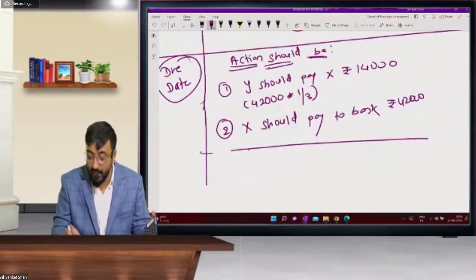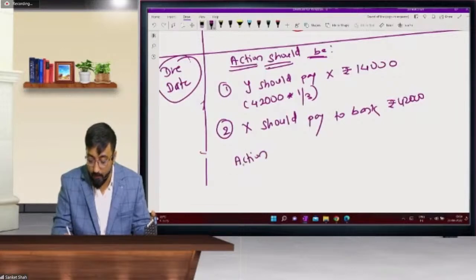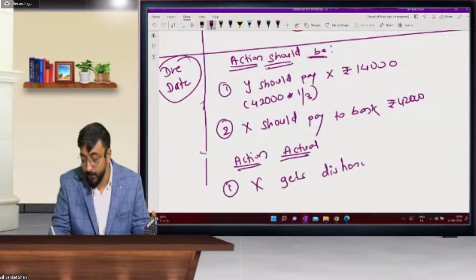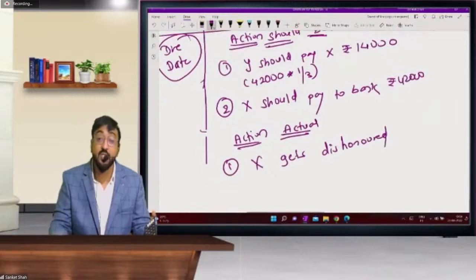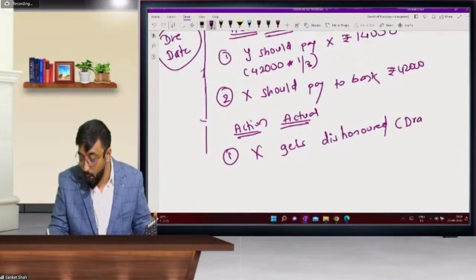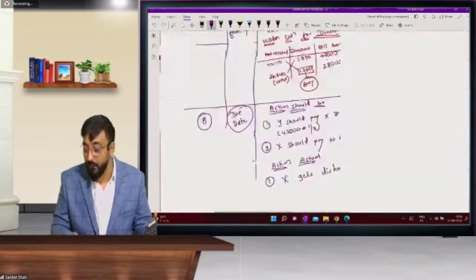पर हुआ क्या? Actual action. X gets dishonor. X gets dishonor. So what is the entry for dishonor? Drawer's books. Drawee. Now he is a drawee. So drawee entry क्या पास करेगा?